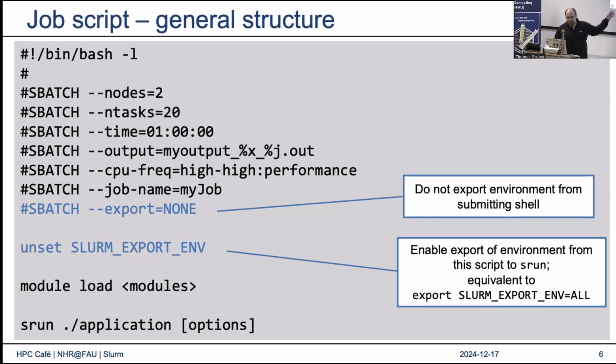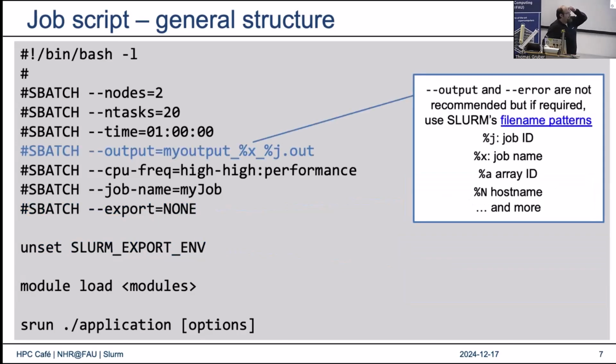There's another command which does basically the same thing, but this unset is much more handy. If you want to specify where the output should be written and also the error of a job, you can do that in Slurm with --output and --error, and then some file specification. We do not recommend you do that because it's very error prone. You overwrite the same file in the folder. If you run the job twice in the same folder, it will overwrite your files. You do not want that.